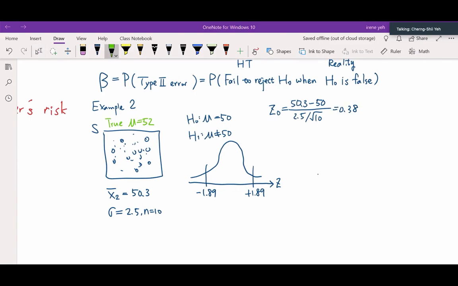Okay, so that's my test statistic. Where is that located? It is located inside my confidence interval, slightly over the middle, 0.38. That's my test statistic.